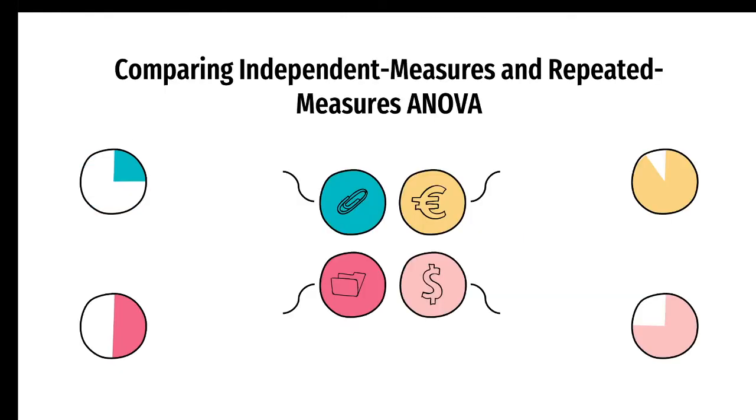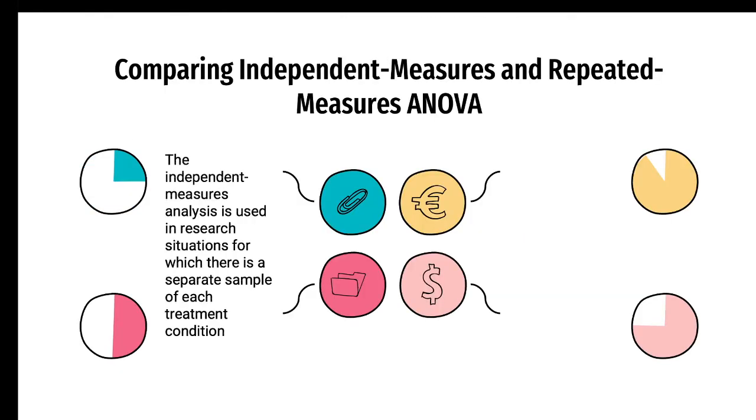Comparing independent measures and repeated measures ANOVA. The independent measures analysis is used in research situations for which there is a separate sample for each treatment condition.